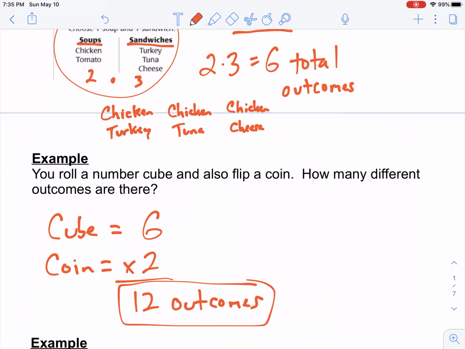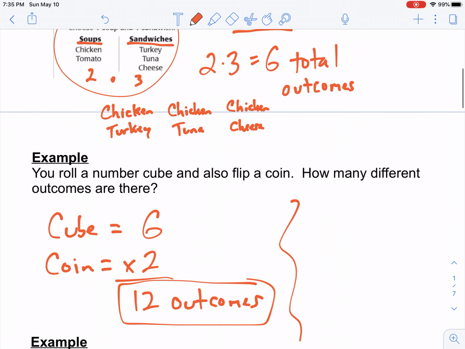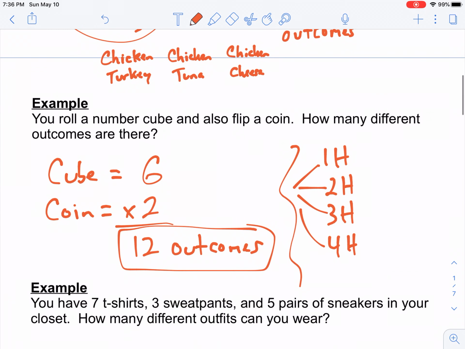So the tree diagram would look something like this. Let's see. You would do a 1 in a heads, a 2 in a heads, a 3 in a heads, a 4 in a heads, 5 in a heads, or a 6 in a heads, right?